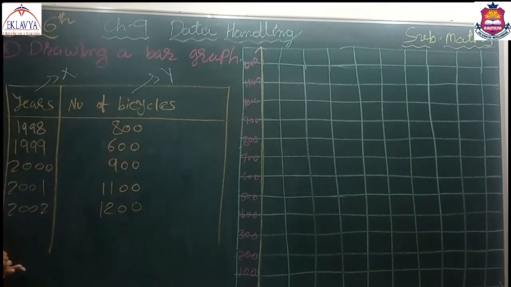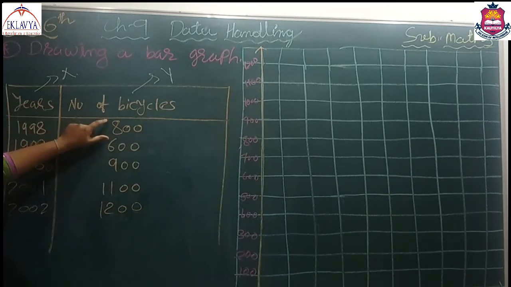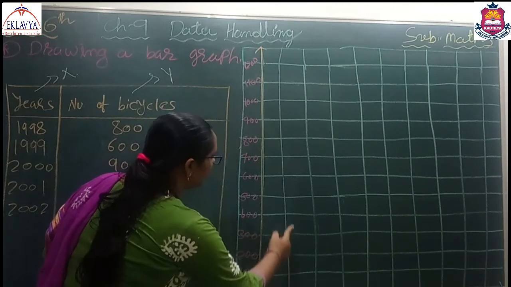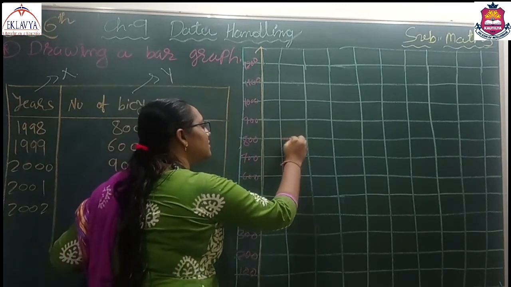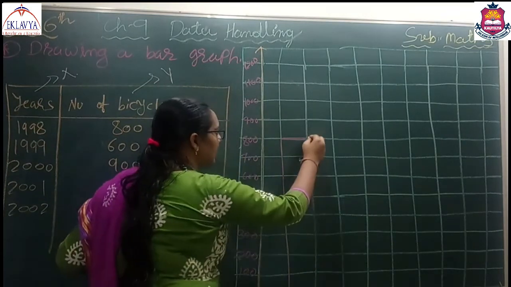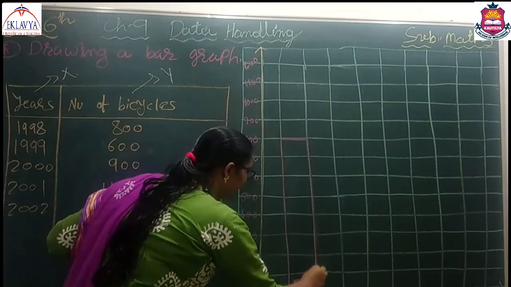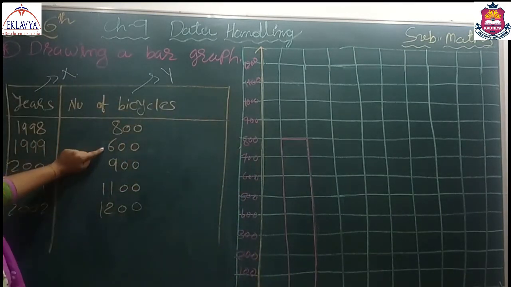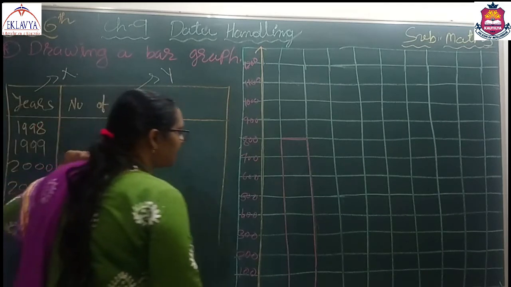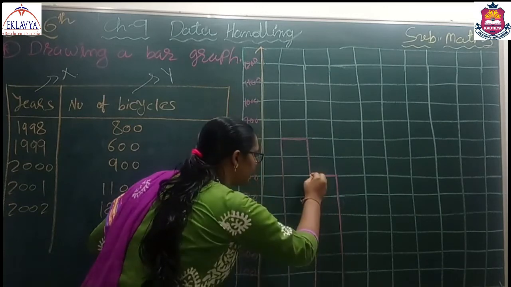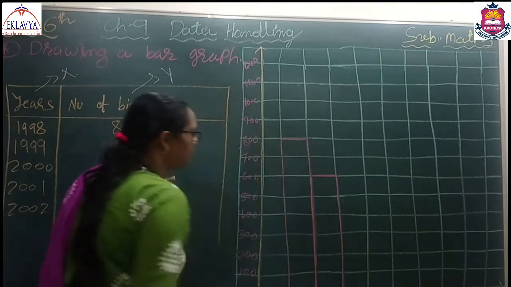Now first one. In 1998, how many cycles were manufactured? 800. So in 1998, where is 800? Here. So here we will draw the bar. You remember, we have already done all this, right? In 1999, how many cycles are there? 600. So this is 600. This way you have to draw.